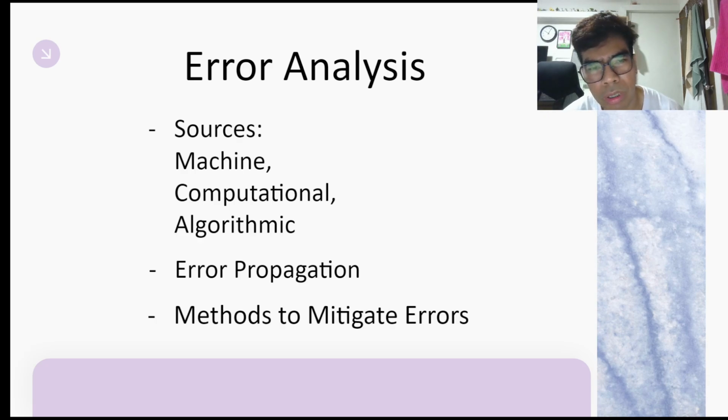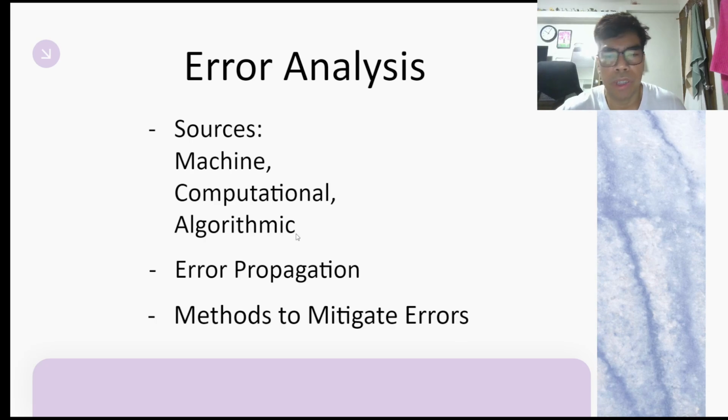So for example, you created the model but the algorithm inside is wrong, so an error will occur in the simulation because the logic that you created is wrong. So it's an algorithmic error. So machine, computational, and algorithmic.